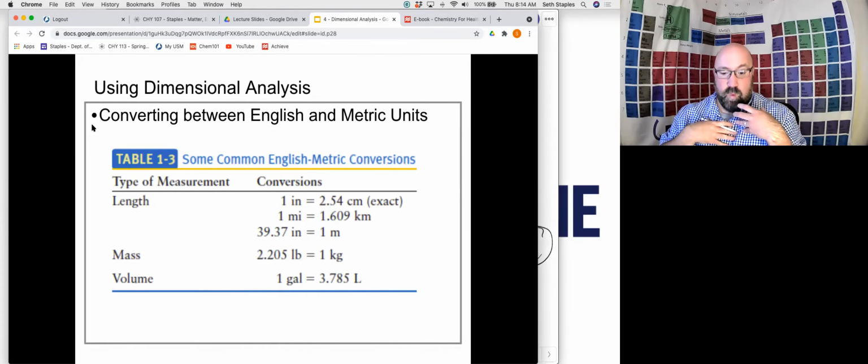Yet we here in the United States typically measure the weight of an animal or of us in pounds. And so we have to be able to convert from pounds over to kilograms in order to find that dosage. And so we would use this conversion here, 2.205 pounds per 1 kilogram.